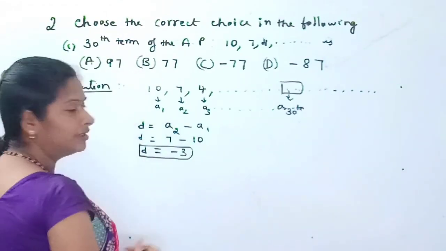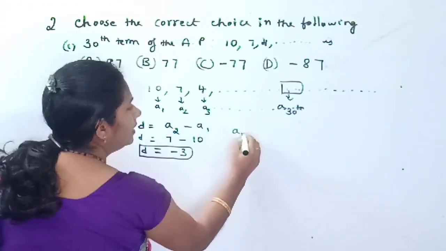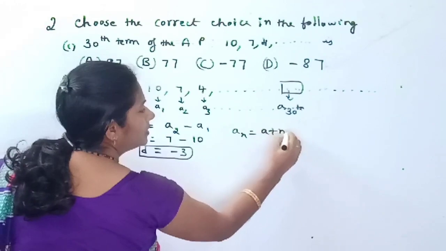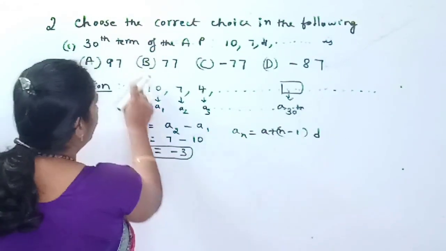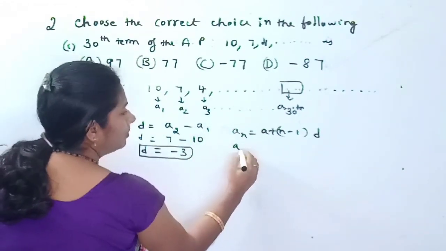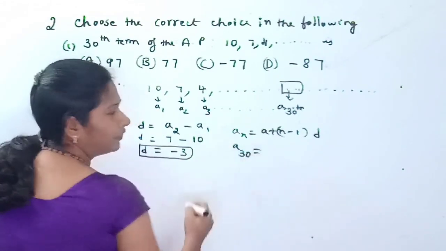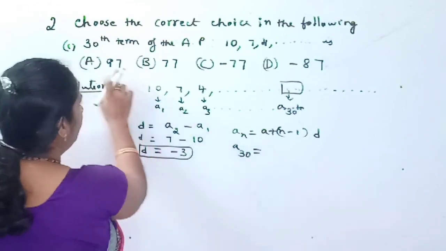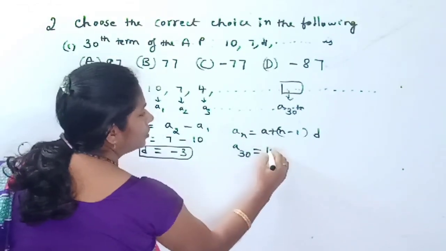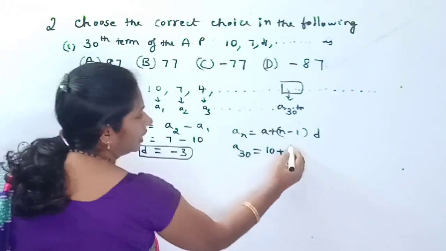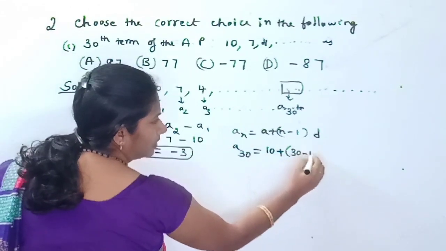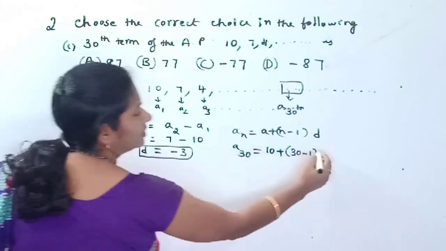We already learned the formula, that is an equals a plus (n minus 1) into d. Now the 30th term, means A30 you have to find out, equals a value is how much? 10.